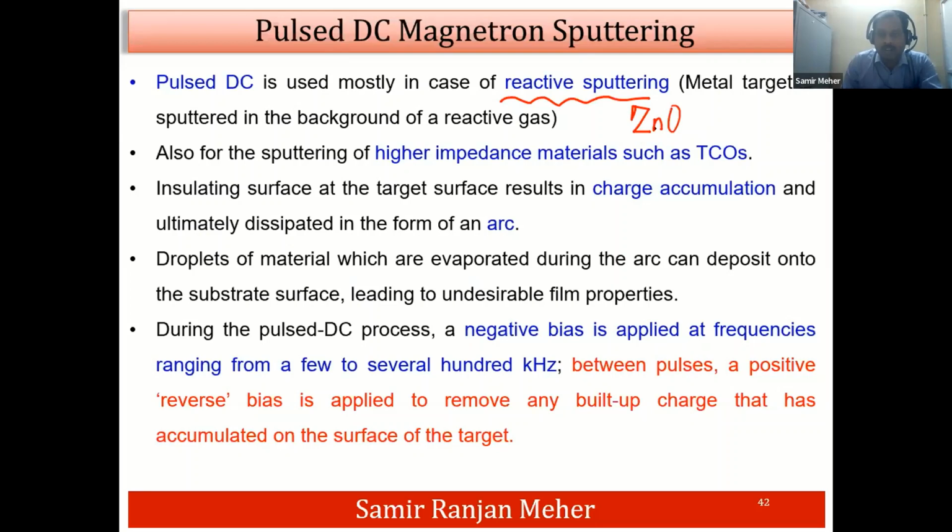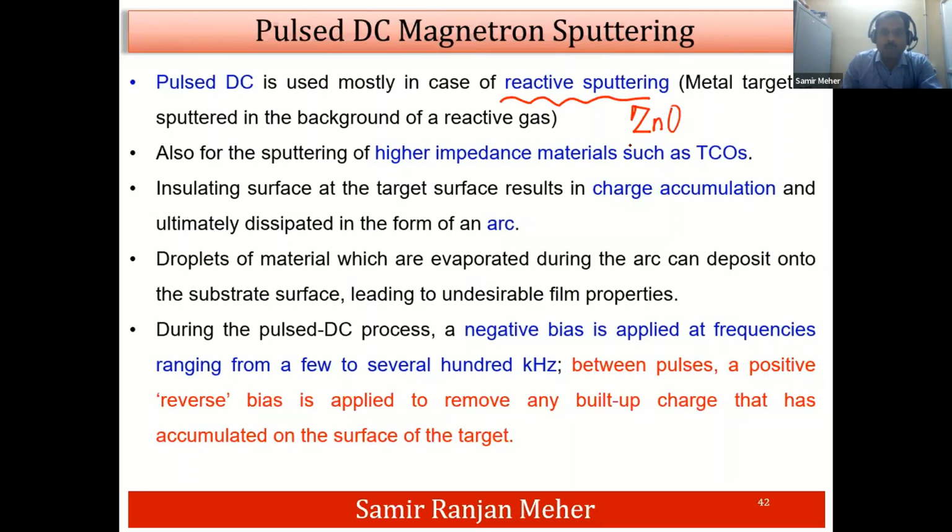I will sputter zinc in the presence of argon and oxygen gas. Argon is going to act as the sputtering gas, and oxygen will be acting as the reactive gas. But slowly, as the sputtering process progresses, an oxide layer will form on the target surface, and that is what is called target poisoning.